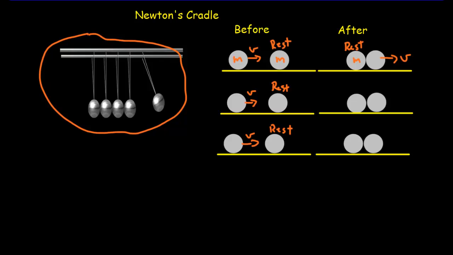Now, let's say you've got a smaller mass hitting a slightly larger mass. What's going to happen then is you'll get some recoil, and afterwards the smaller mass will head backwards and the bigger mass will head forward.